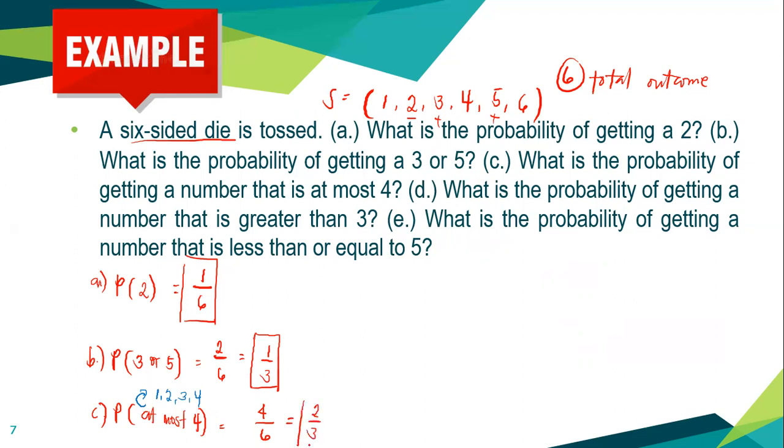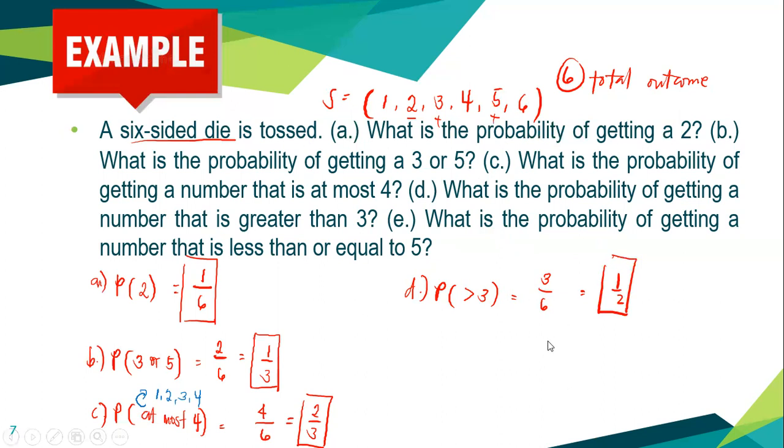So 2/3 ang sagot natin for letter C. How about for letter D? Probability of a number that is greater than 3. Ano ba yung number that is greater than 3? We have 4, 5, and 6. So that is 3 over 6 or equal to 1/2.